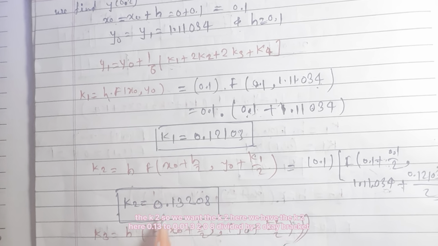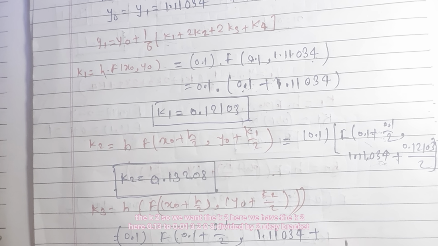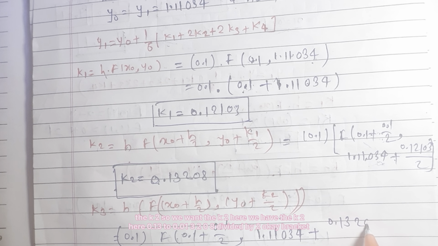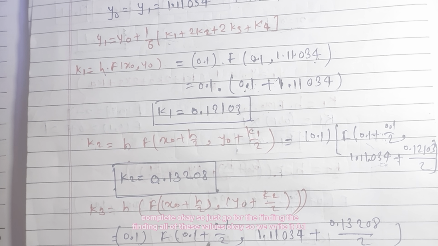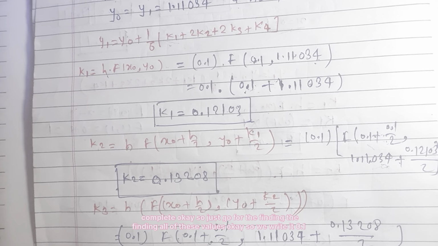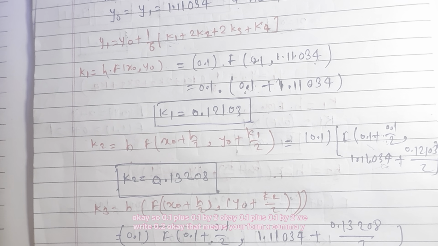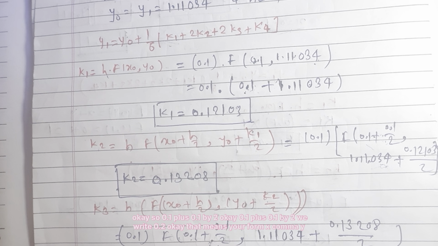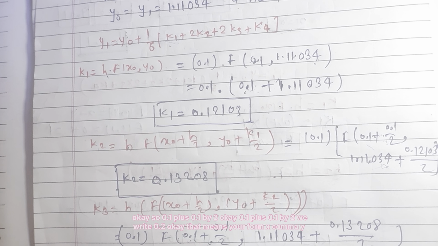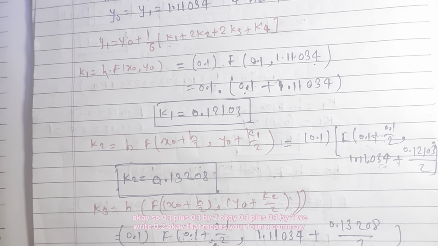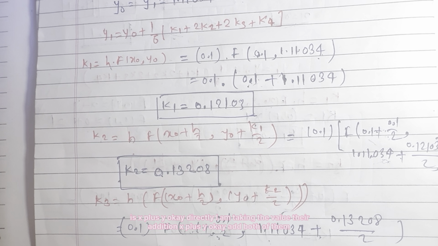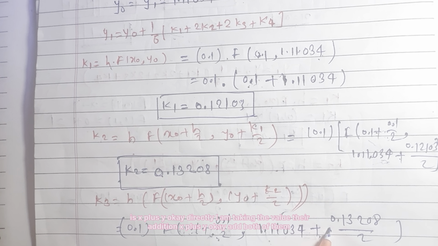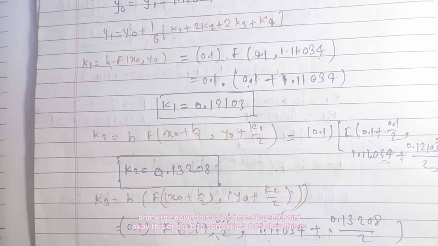We have the k2 here, 0.13208 divided by 2. Bracket complete. So just go for finding all of these values. 0.1 plus 0.1 by 2 we write 0.2. That means f of x comma y is x plus y. Directly I am taking the value, their addition x plus y. Add both of them and write down this value here, 1.0.